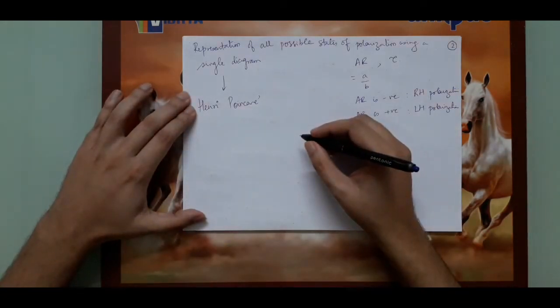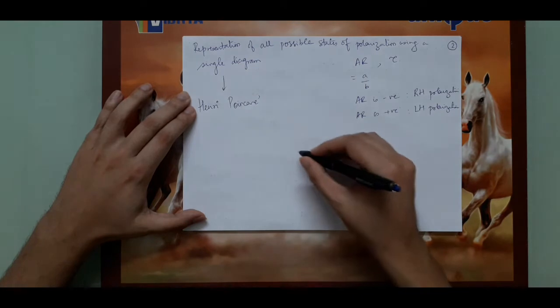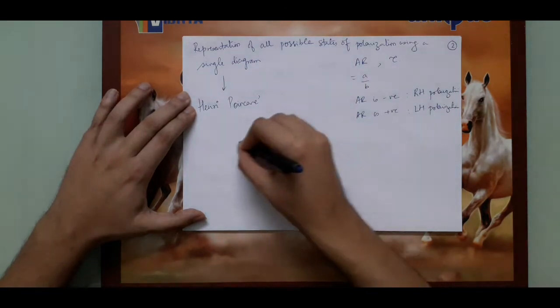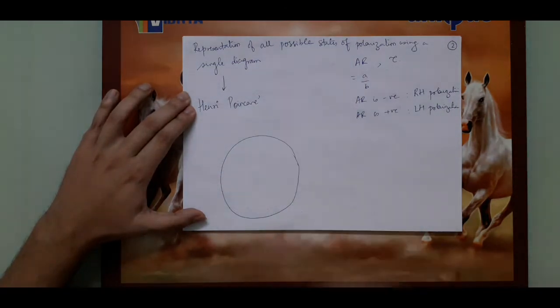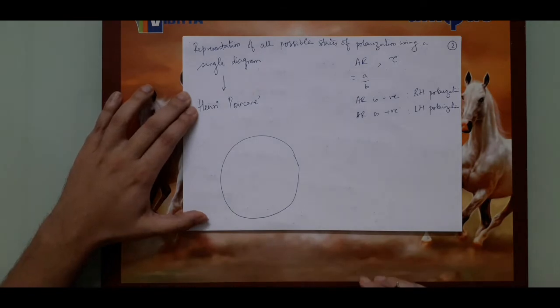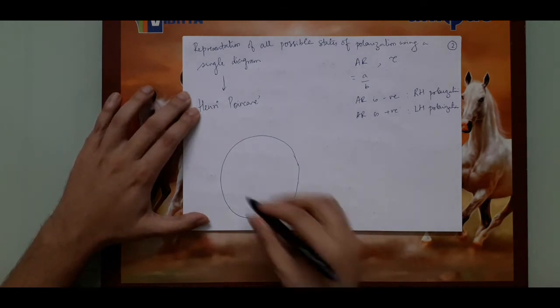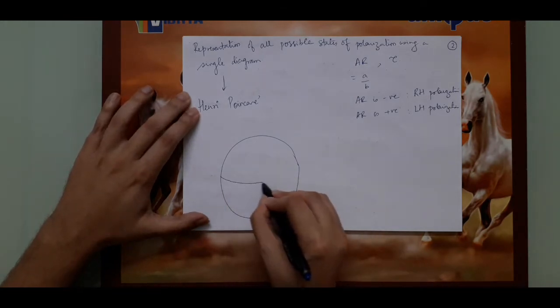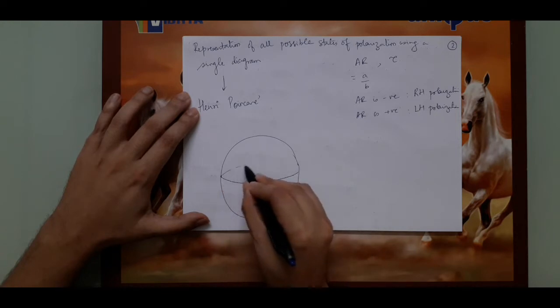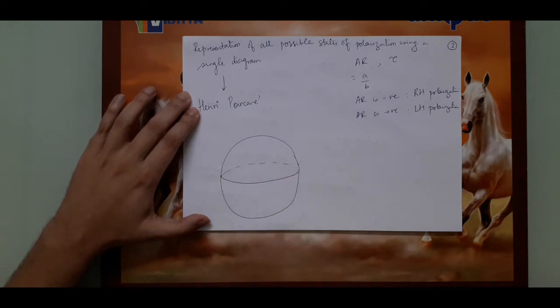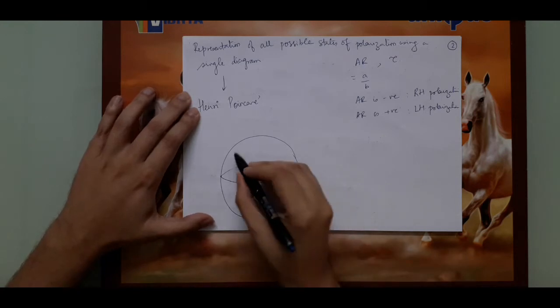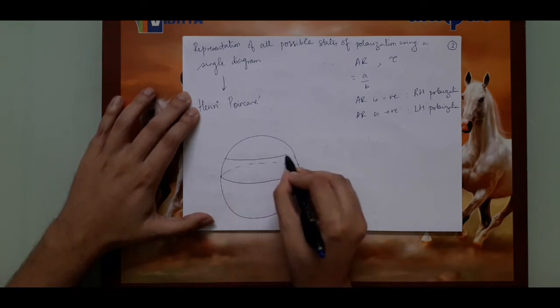So Poincare essentially did something of this kind. He said, take a globe and let us say this is the equator of the globe. So the latitudes can be drawn this way.